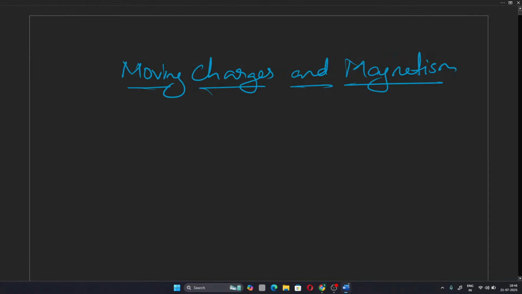Basically, if this was a wire, and if this was a compass, the deflection of the compass was in this direction.